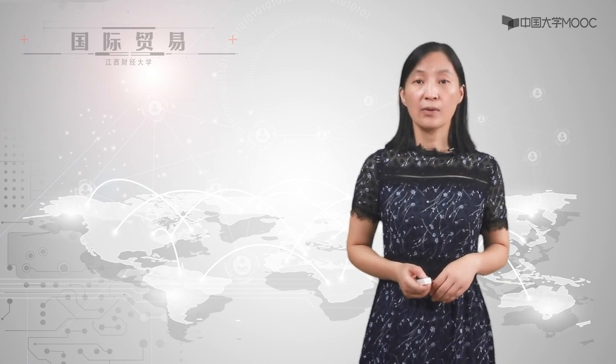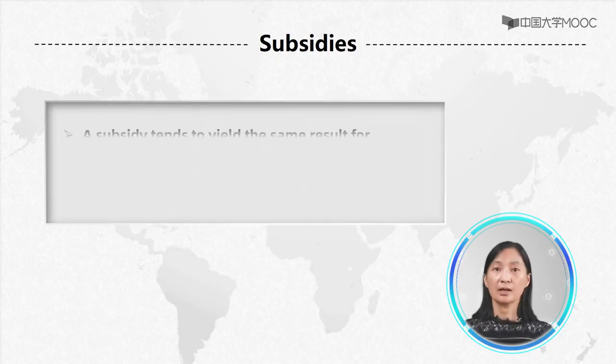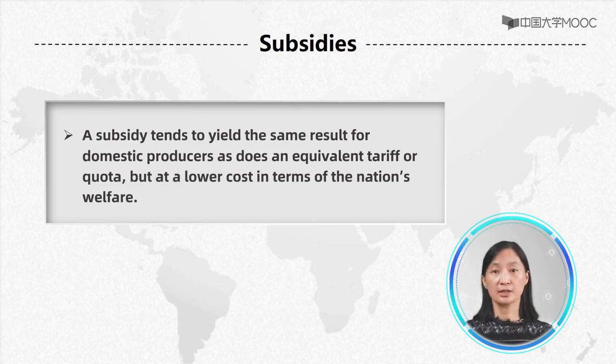The result is a familiar consumption effect of protection, whereby a deadweight loss of the consumer surplus is borne by the home nation. This welfare loss is absent in the subsidy case. A subsidy tends to yield the same result for domestic producers as does an equivalent tariff or quota, but at a lower cost in terms of the nation's welfare.